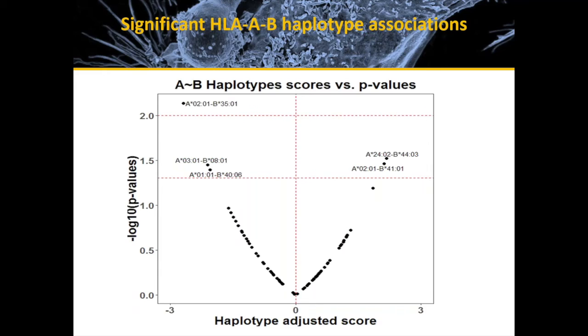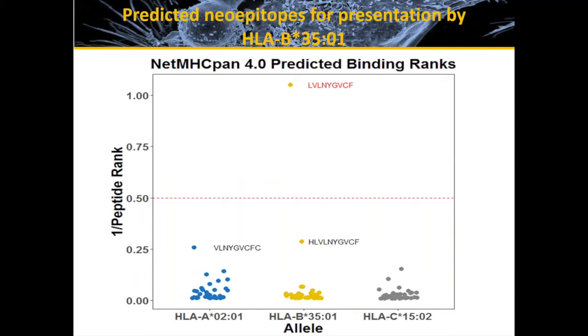On the next slide, you can see that among those peptides, 1 nonamer, shown on the top of the graph in red, was predicted to be a strong binder for B3501 by the predefined criteria of the NetMHCpan 4 server, binding rank below 2%. Furthermore, NetMHCstab 1 predicted that among all peptides, this peptide was the most stable binder to B3501.